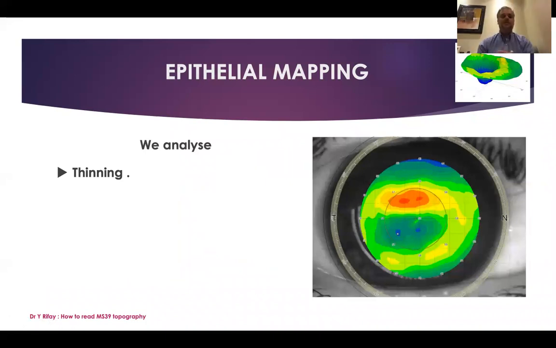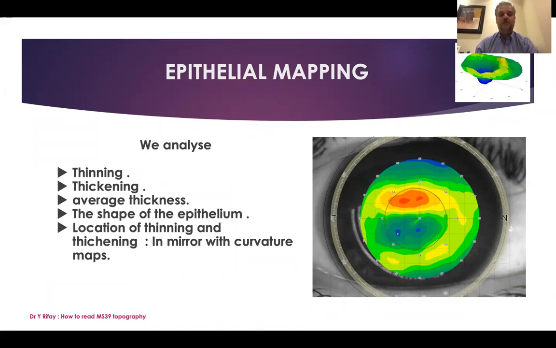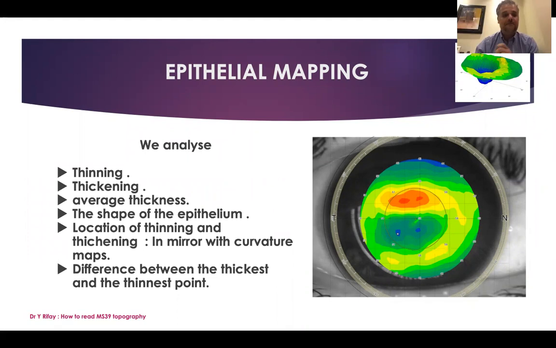So in an epithelial mapping, we analyze the thinning, the thickening area, the average thickness, the shape of the epithelium, and the location of the thinning, and it should be in mirror with the curvature map, because it is a way to mask and to hide the irregularity of the stroma.